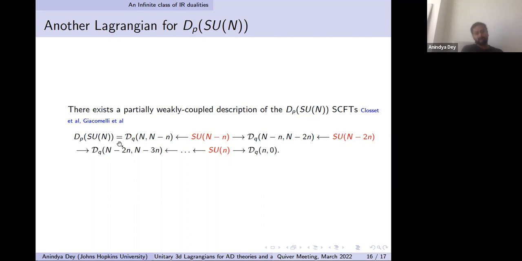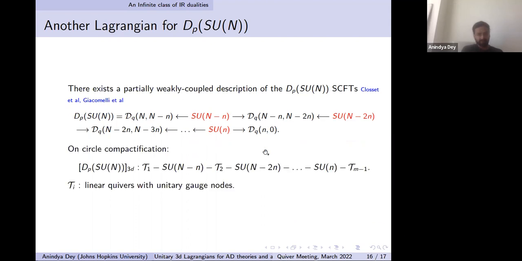Now, when you take such an object and you compactify on S1 and flow to the IR, what you get in 3D is a structure like this, T1, SUN, and so on, where the SUs are vector multiplets in 3D.